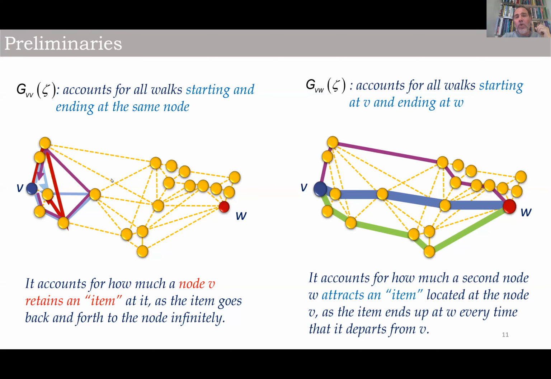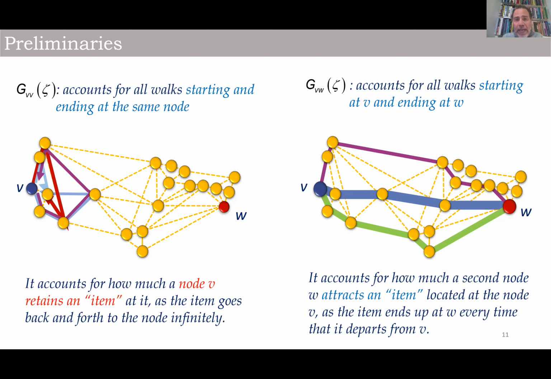But then we have also the communicability between the corresponding pair of nodes, which gives you the facility that a node V has to send this information to another node W, or said in other ways, the attraction that the node W has for the information which is in the node V. So for having communication between two nodes, we have a certain competition between the possibility that the information gets trapped in the origin or that the information goes to the destination.